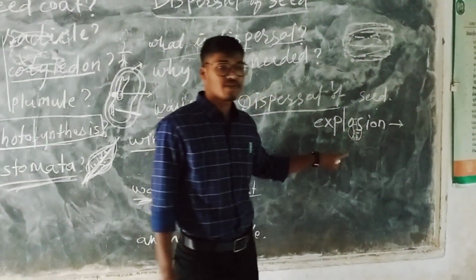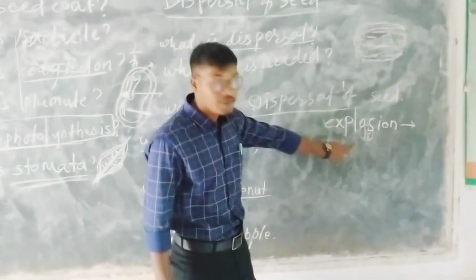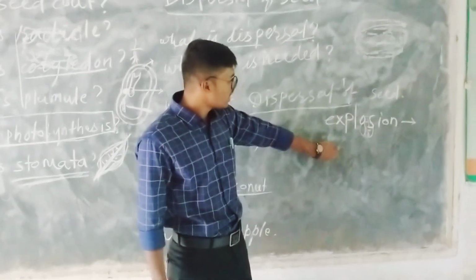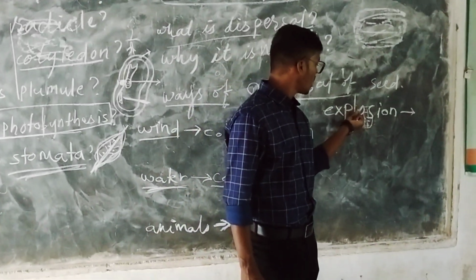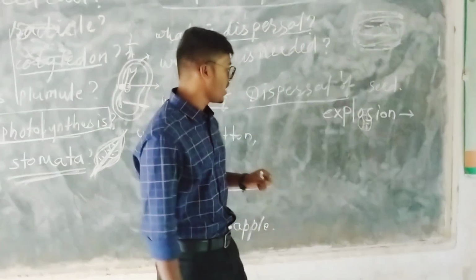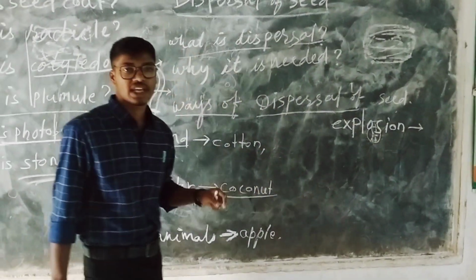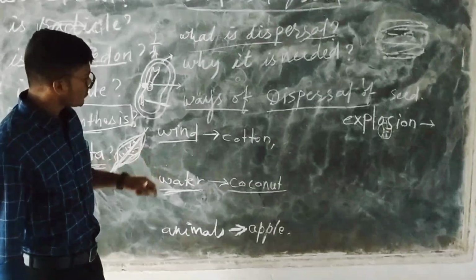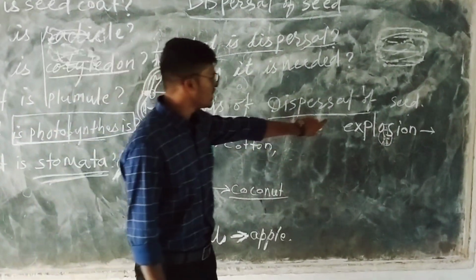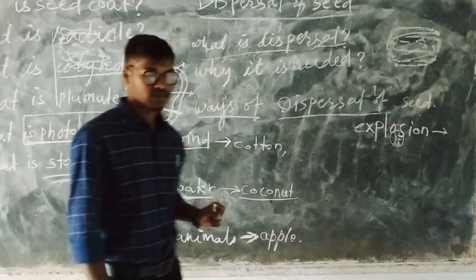Sometimes the ripened fruits burst and the seeds come out and fall here and there. By this, the seed becomes a plant. And these are the ways of dispersal of seed.